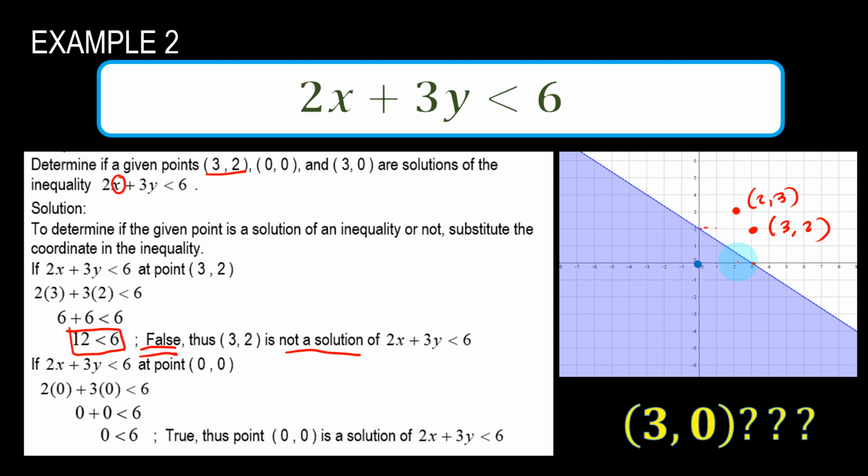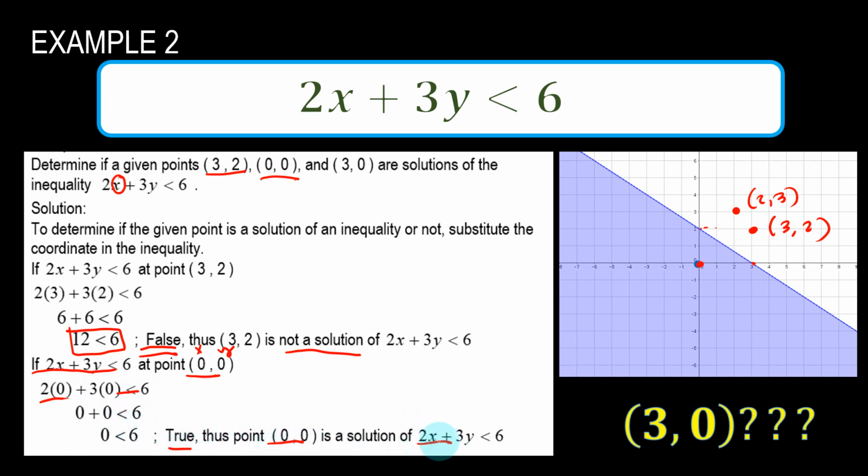Take note, 2 is the first coordinate, and 3 is the second, which is y. That's the idea there. They are not part of the solution. What is part of the solution is 0, 0, because if we plug in 0 and 0, again x is 0 and y is 0, therefore this is the color blue here. This is part of the solution because 0 plus 0 is less than 6, and this is true.